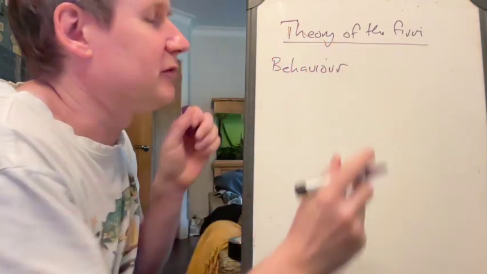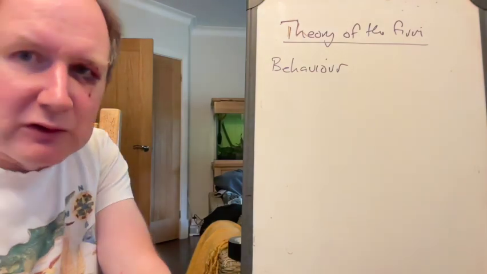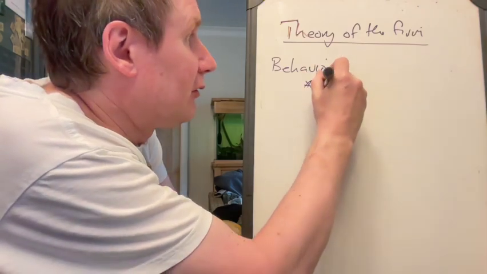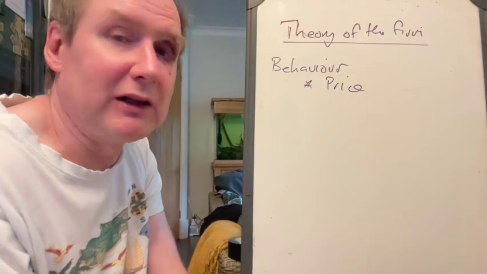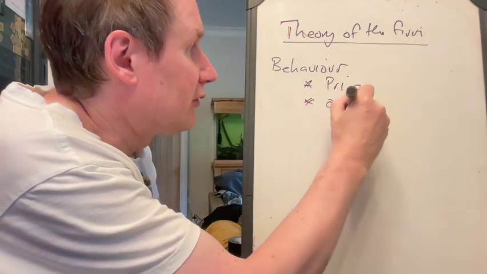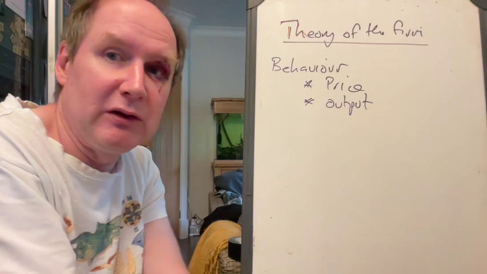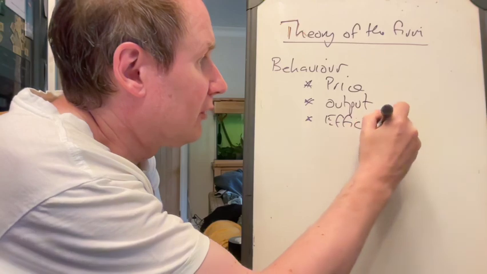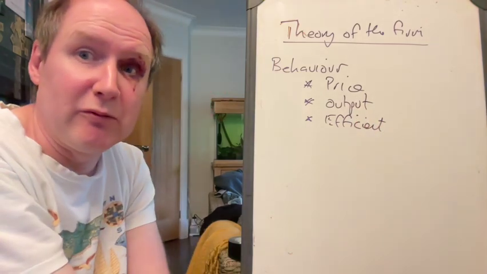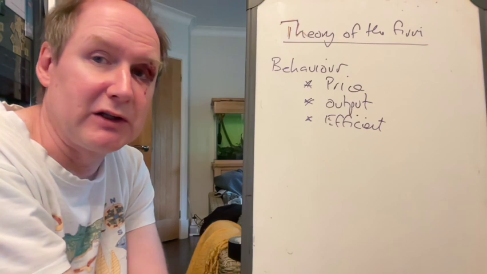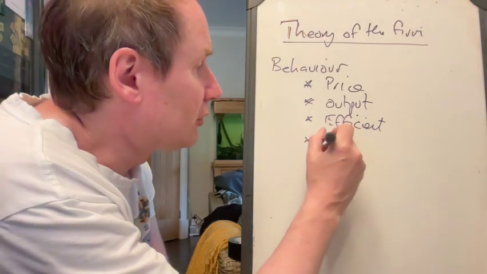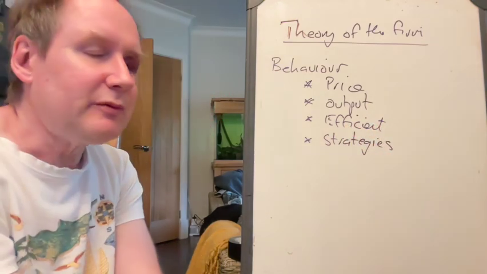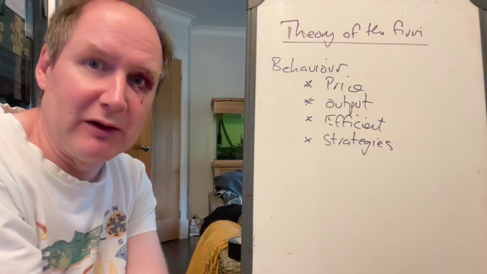So the idea of theory of the firm really is that we're trying to predict firms' behaviour. What is it that we think firms are going to do? In terms of what sort of price they're likely to charge, what's going to determine the output that they're going to produce, what's going to determine whether or not they're going to be efficient, and what does efficiency even mean in the context of a firm, what sort of strategies might they use, depending on the type of market in which they operate.